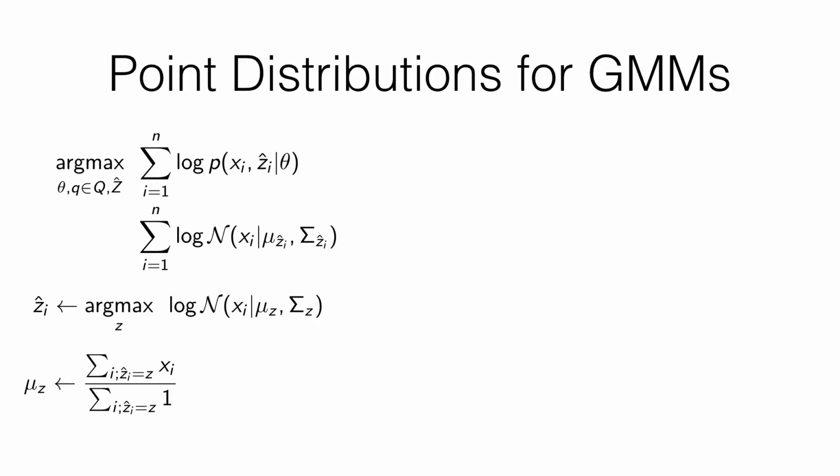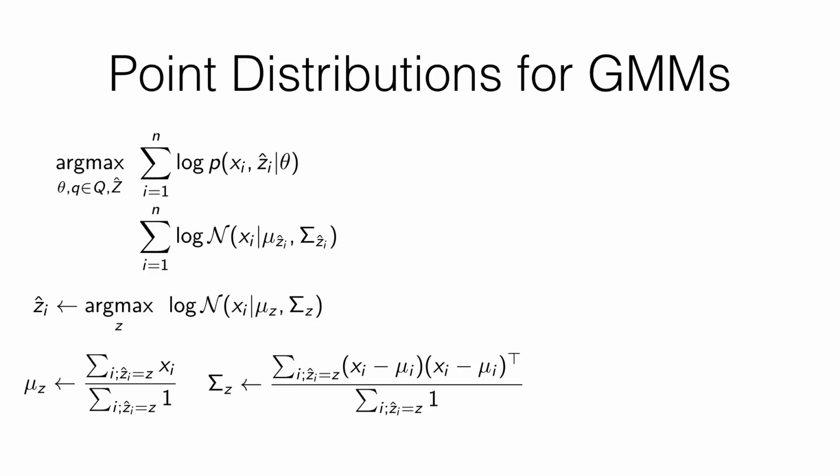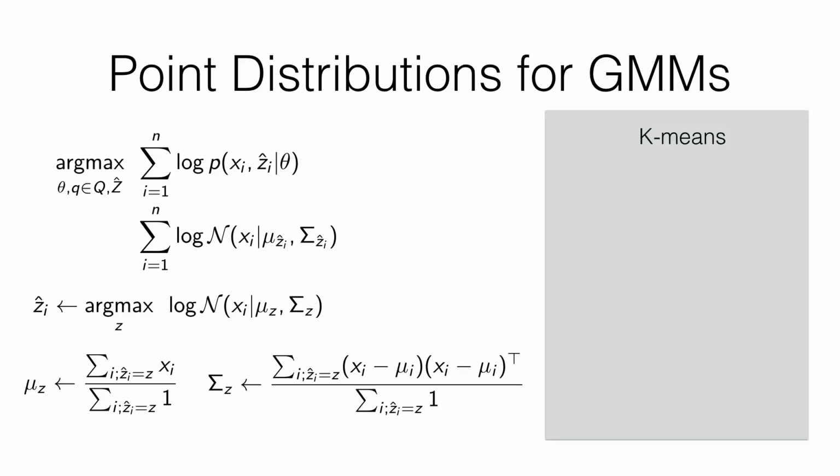We don't have to weight them in any way because the weights are all either 1 or 0. And then the covariance is the same: you just take the covariance of the points that have been assigned to this cluster. And most of the time people don't actually go this far, because they'll just remove the covariance altogether and treat the covariance always as a spherical covariance. So this is the k-means algorithm.